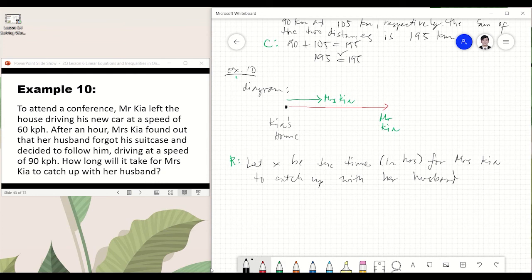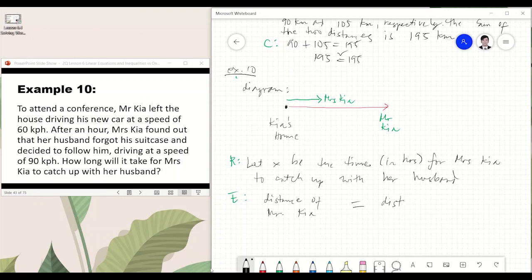So punta na tayo sa ating equation. Yung equation natin, so ganito yon. Yung distance na na-cover ni Mrs. Kia, Mr. Kia kasi siya yung nauna. Okay. And then, dapat yung goal natin, equal na yung distance nila.